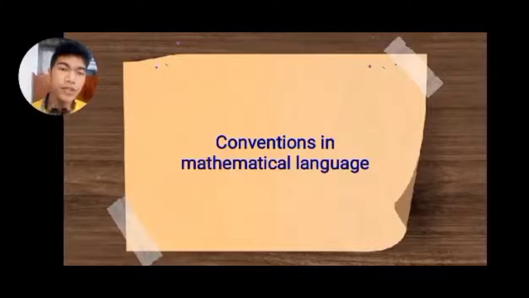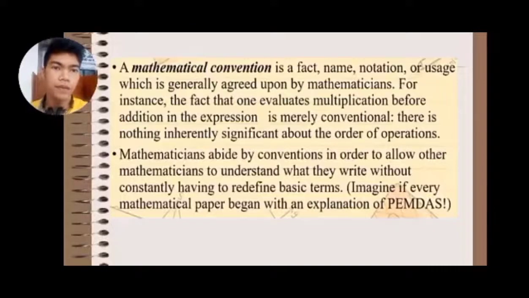So, we have here the conventions of mathematical language. Mathematical convention is a fact, name, notation, or usage which is generally agreed upon by mathematicians. For instance, the fact that one evaluates multiplication before addition in the expression is merely conventional.